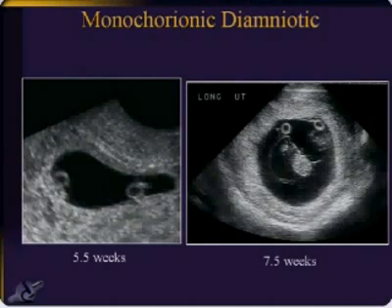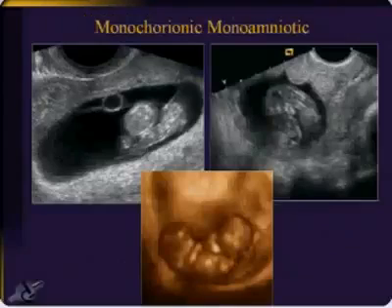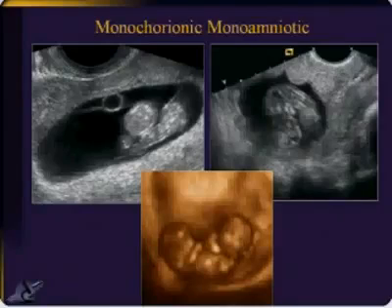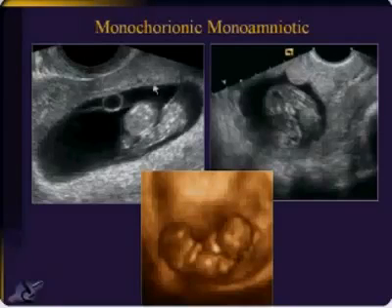Later, about 7 weeks, you can see the amnions going around each of these. Notice that the yolk sac is out there in the chorionic cavity. So these are monochorionic, diamniotic. They each have their own membrane going around them. And then this is the rarest type, and the ones that get into the most trouble, and that is monochorionic.